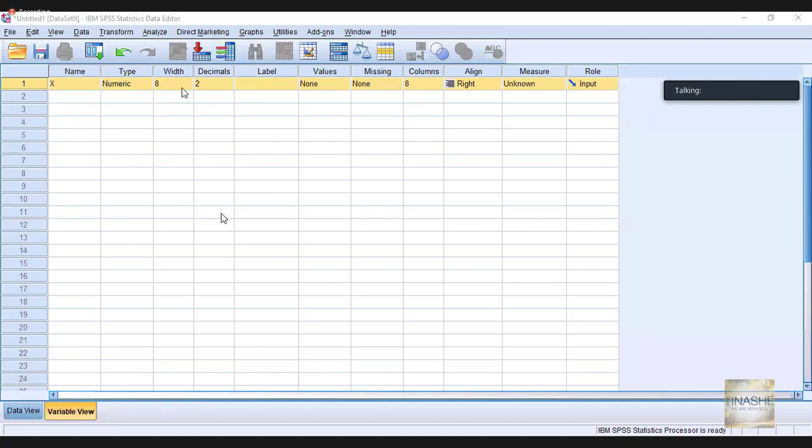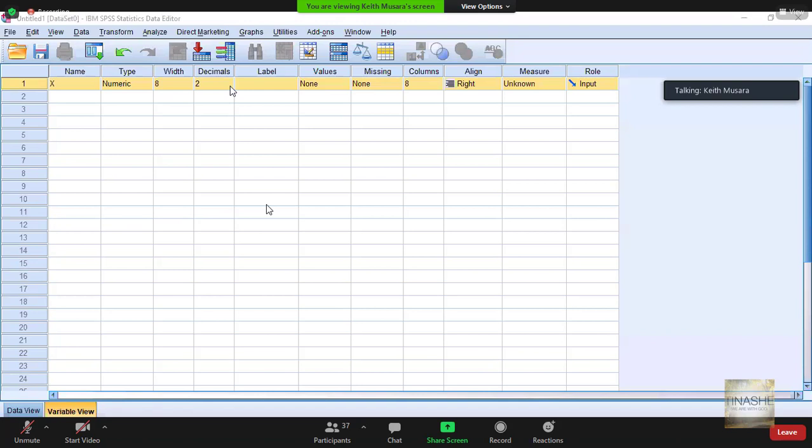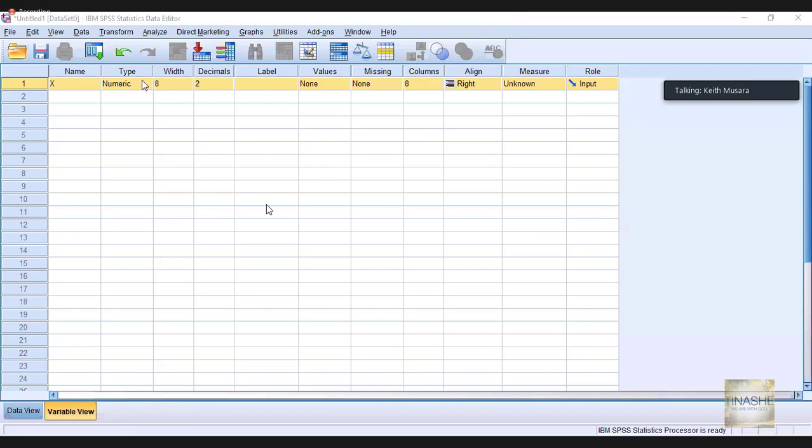By default, they give you a width of 8 and 2 decimal places, and you can add a label. There are different functions of these icons, but for this course, everything left at default is okay. I'm sure you will learn more about it in other courses. We want to focus on how you use SPSS in regression.